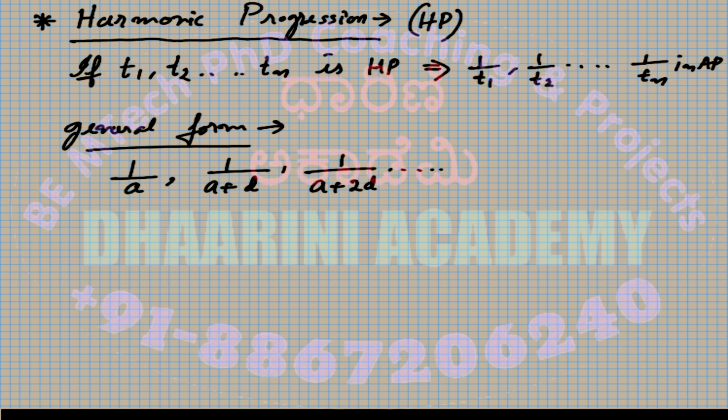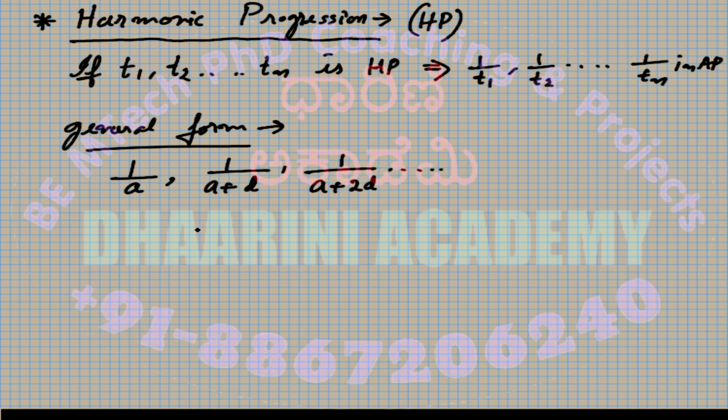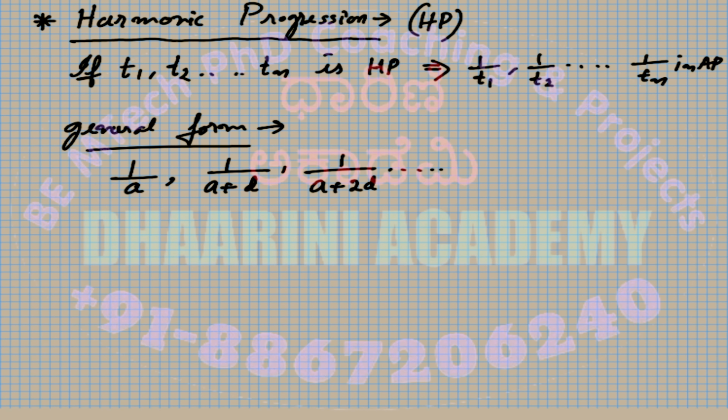Also, if you want to write, the most general form is something like this. And now let us try to find out the condition for 3 numbers to be in HP.